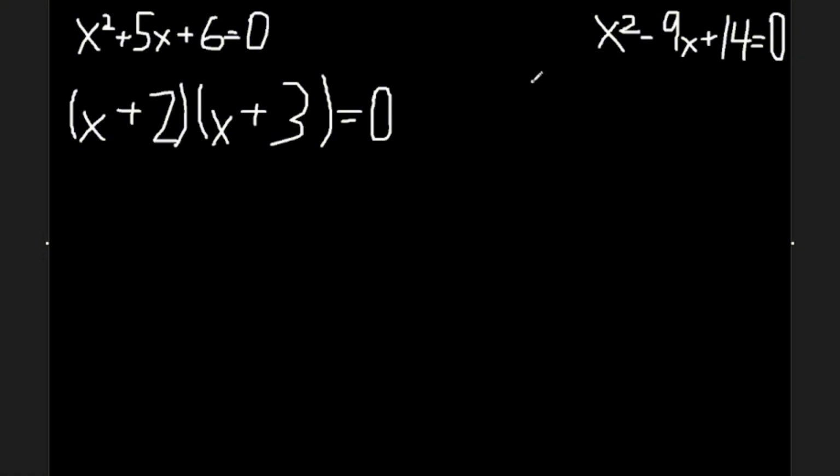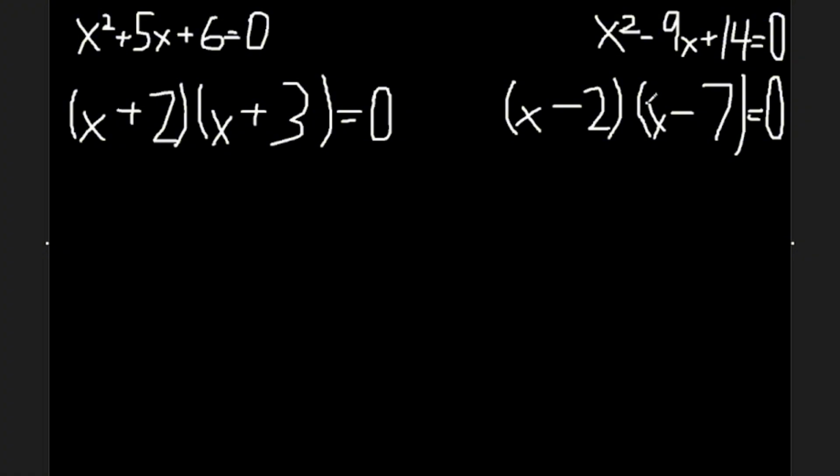Just like the first example, if it has the same sign, it doesn't really matter where you put them. So it's x minus 2 and x minus 7 equals 0.